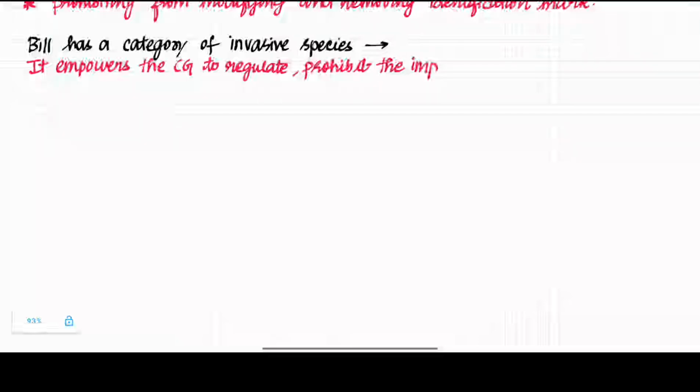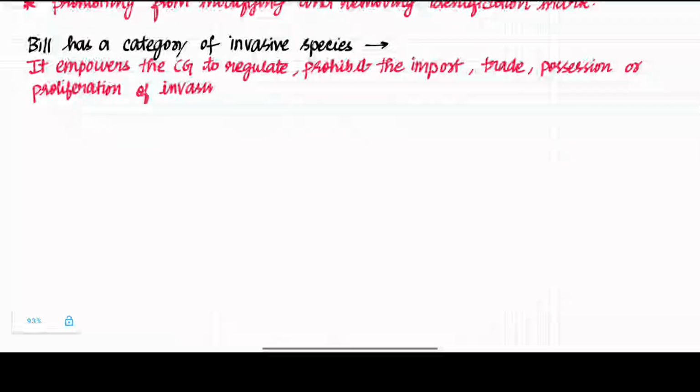We have the import, trade, or even the possession, or in fact the proliferation, of invasive species which are alien, so we can write it as invasive alien species.